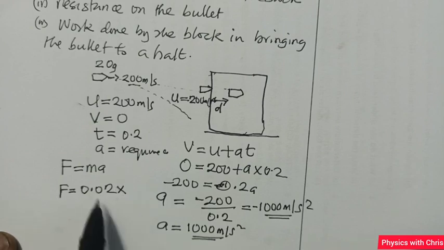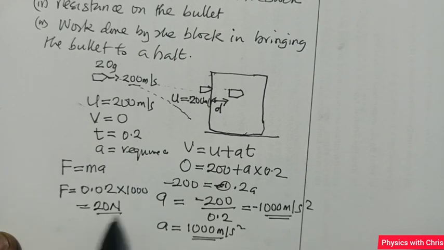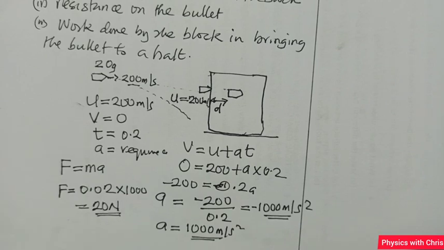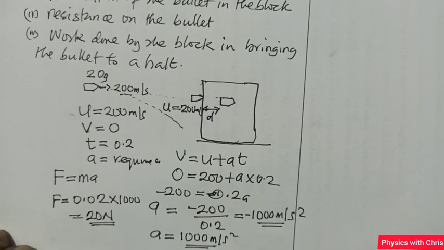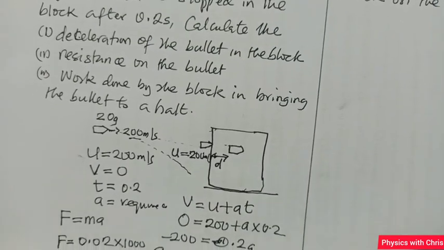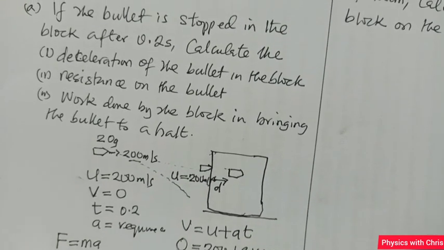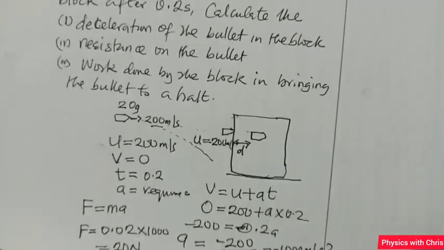That gives me 0.02 times 1000. Okay, so that will give me 20 newtons, if I'm not mistaken, you can confirm that. So that is the resistance offered by the block to decelerate or to bring the bullet to rest inside the block. Okay, now the next question says the work done by the block in bringing the bullet to a halt, in bringing the bullet to rest.